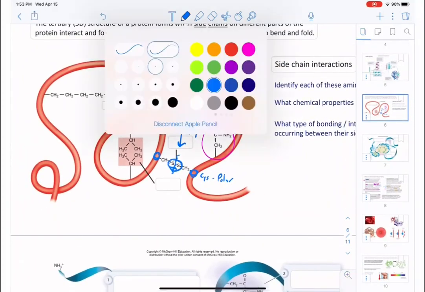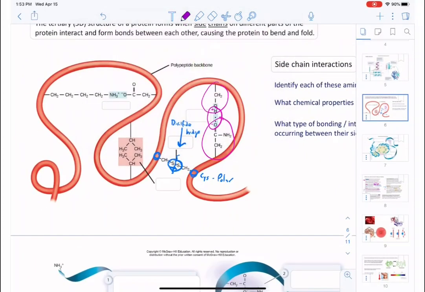And then the last thing we have is right there. Let's identify these two amino acids. And these two amino acids are the same.